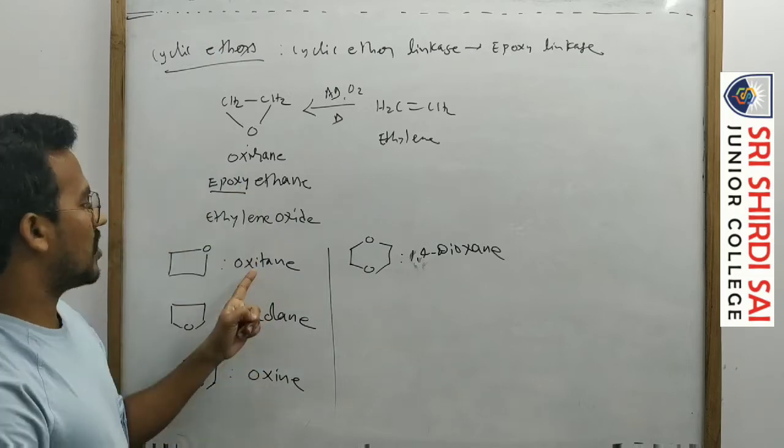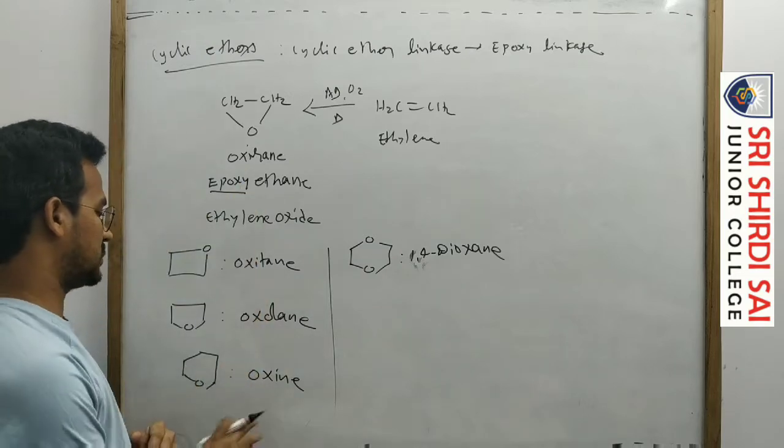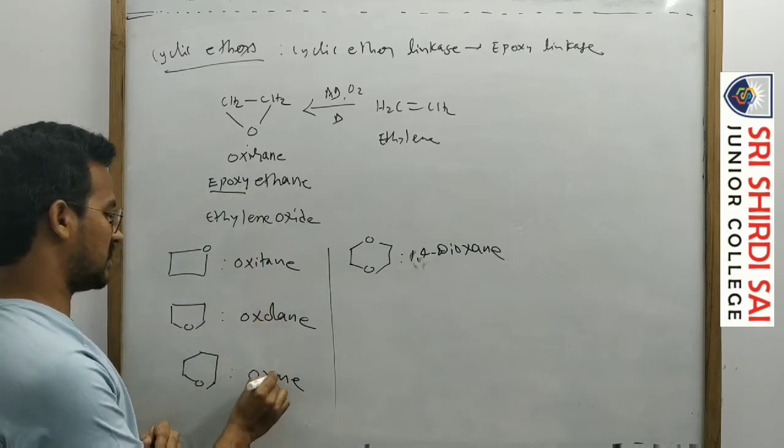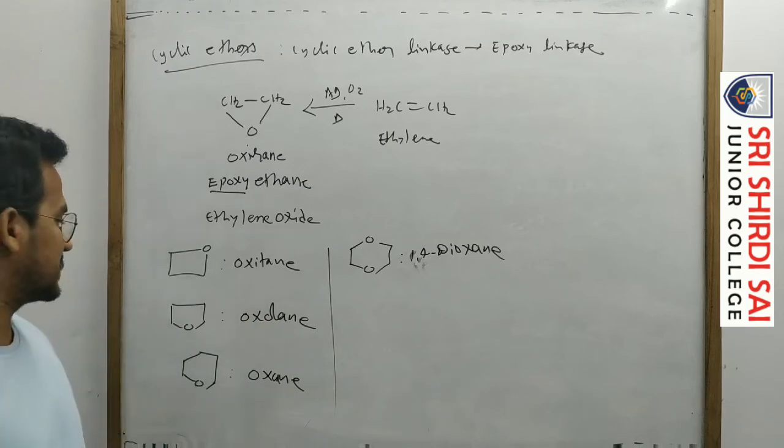So here we have oxirane, oxetane, oxolane, and this is oxane. They are the cyclic ethers.